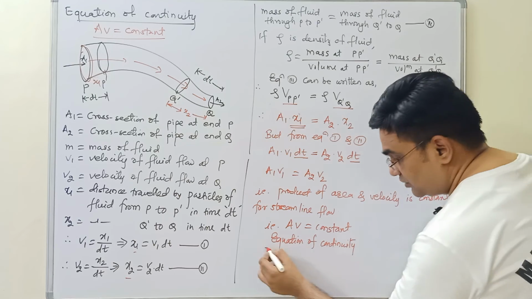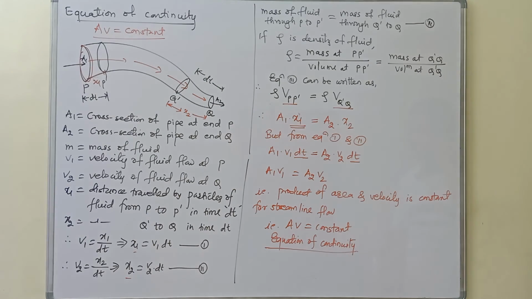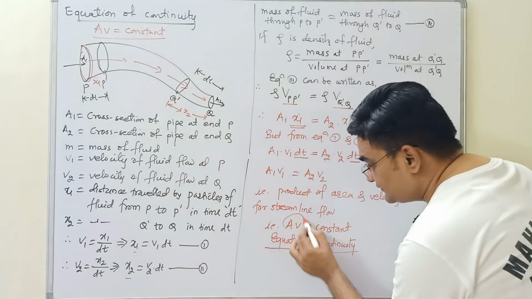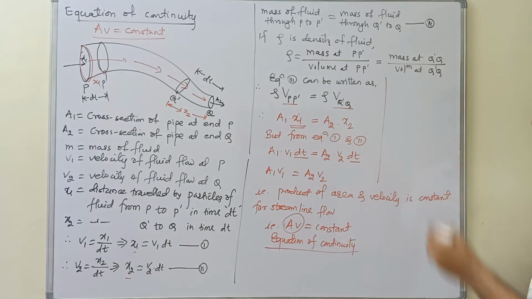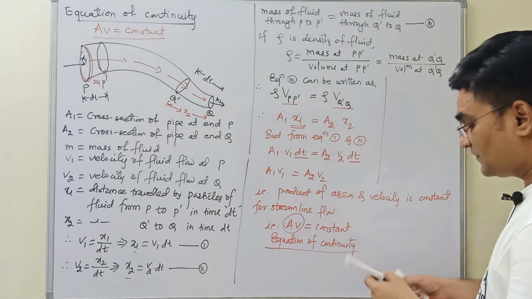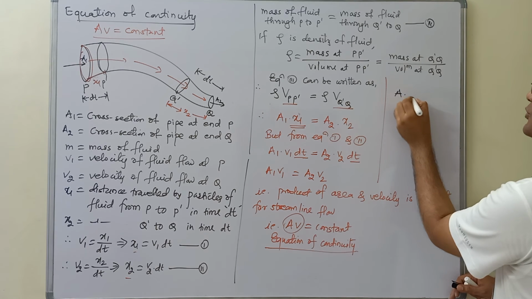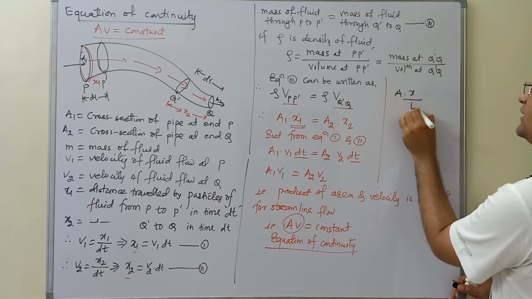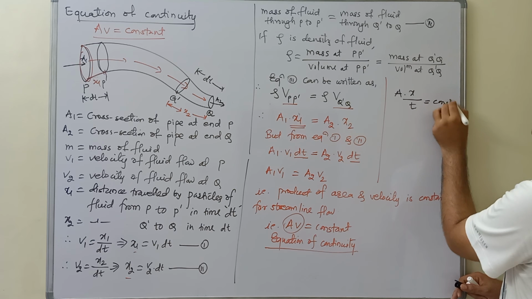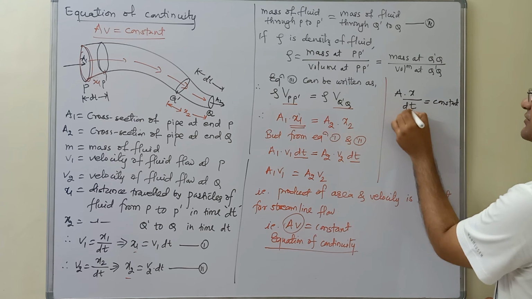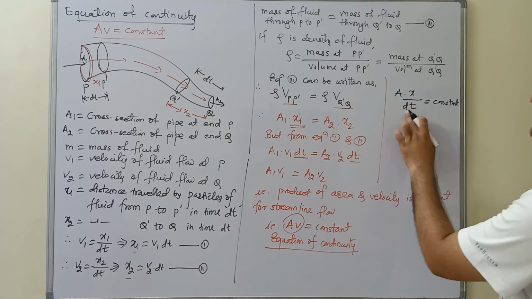What is this equation called? The equation of continuity. Okay, if I write this again in a different format, see how. A into V, what is V? V is x upon t, right? So this is constant, or instead of writing only t, I will write dt.